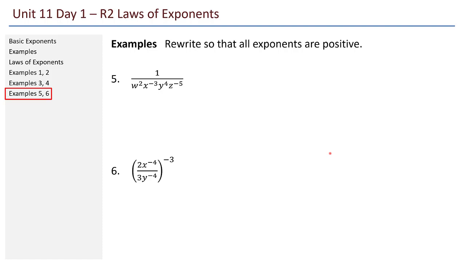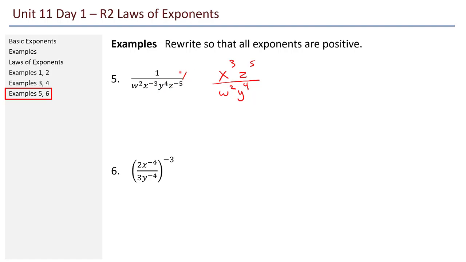Example 5. Rewrite so that all exponents are positive. So once again, it looks like I can do my movement trick, moving a couple of these up to the top, in which case I get x cubed z to the 5th all over w squared y to the 4th.